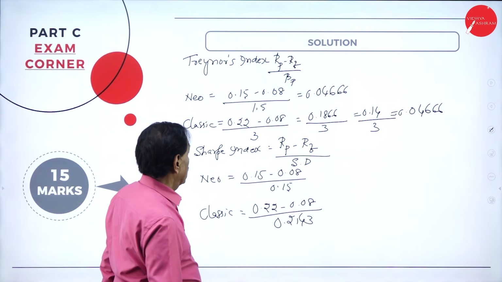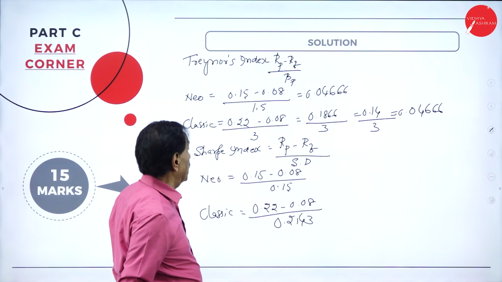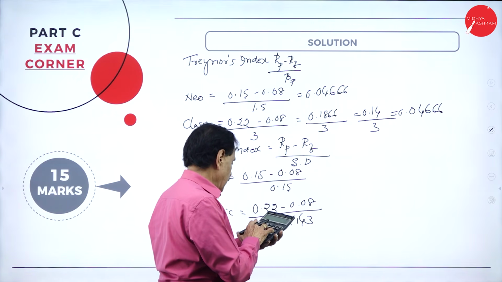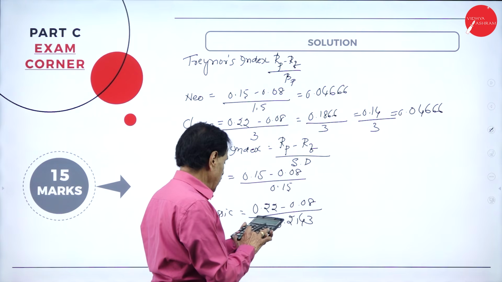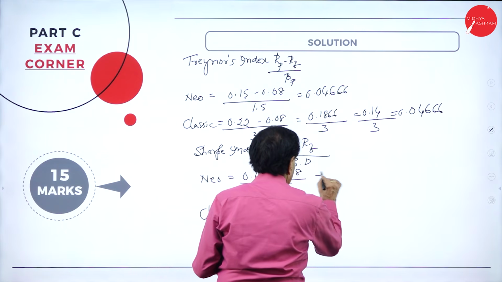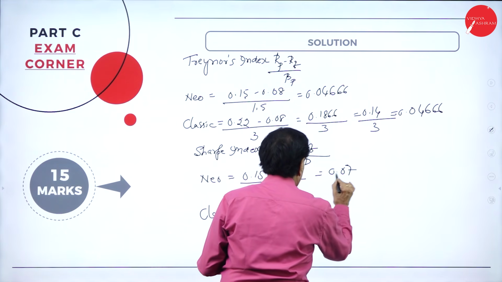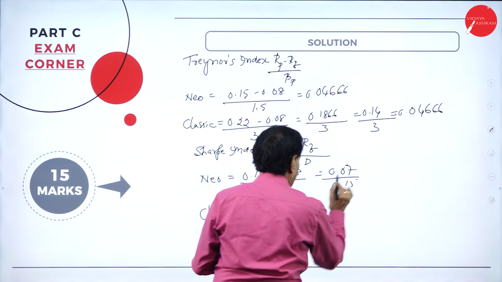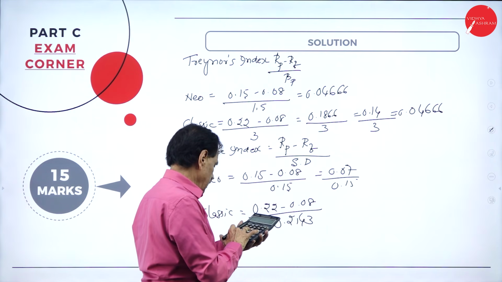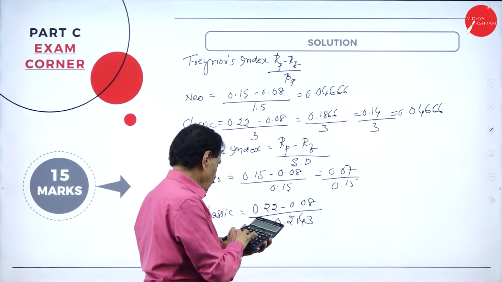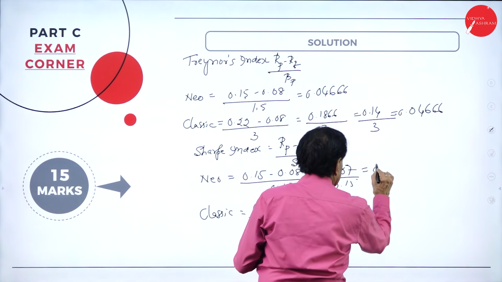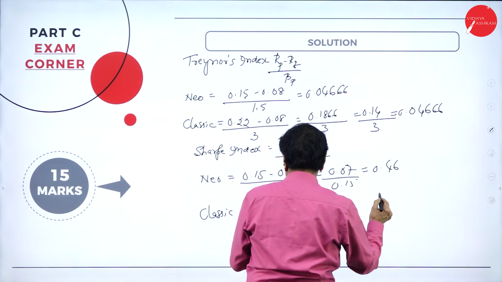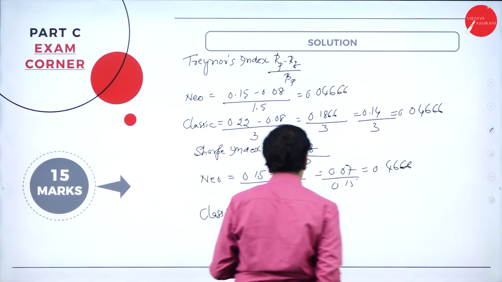Simplify. 0.15 minus 0.08, 0.07 divided by 0.15, which is 0.4666 here.